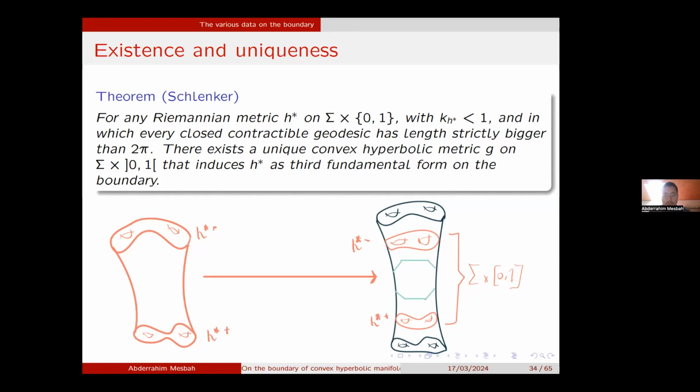So here we have seen different data on the boundary of hyperbolic manifolds, these convex hyperbolic manifolds, and we have seen how the interaction works between the metric on the quasi-Fuchsian manifold and their boundary.